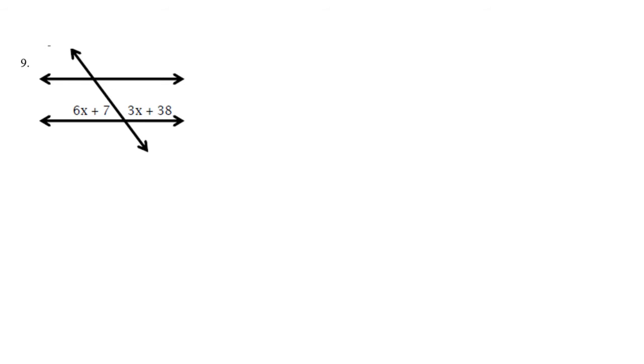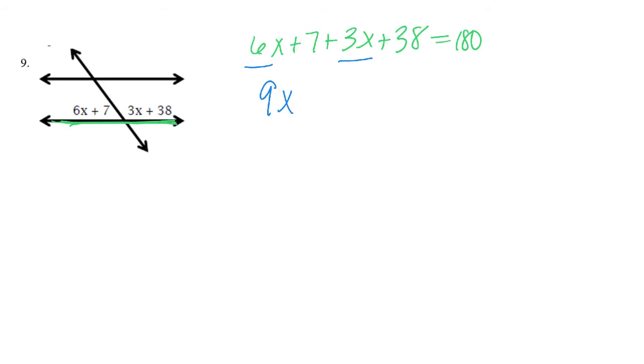All right, this next one, identifying the two types of angles we have here. These are actually going to be supplementary because if you notice, they create a straight line together. So 6x plus 7 plus 3x plus 38 is going to equal 180 degrees because straight lines are 180. So you combine like terms. So 9x and 45 equals 180.